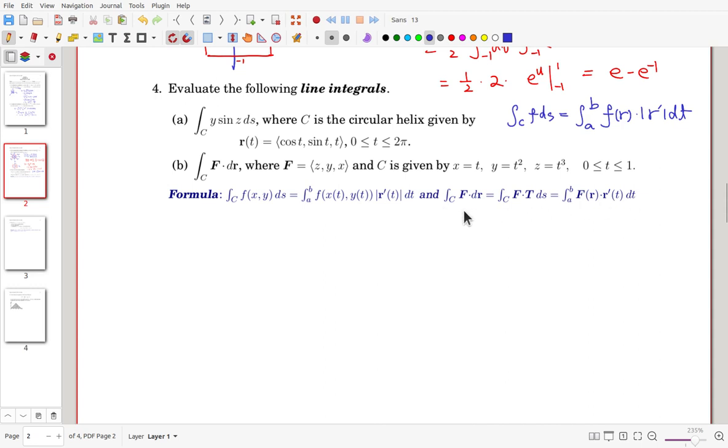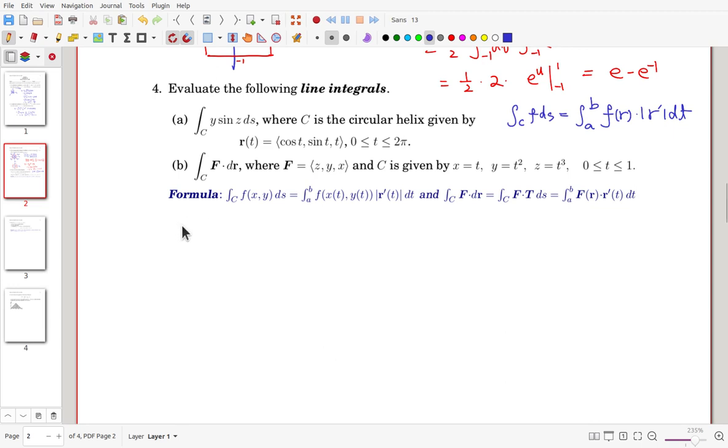And the line integral of a vector field is trying to get the tangential component of the vector field along the line arc length segment, right? Okay, that's the background and formula.